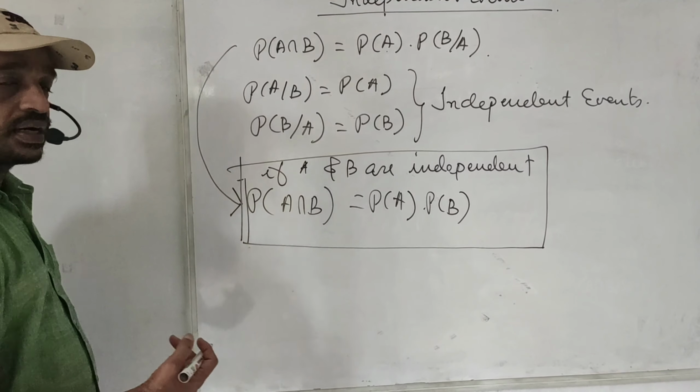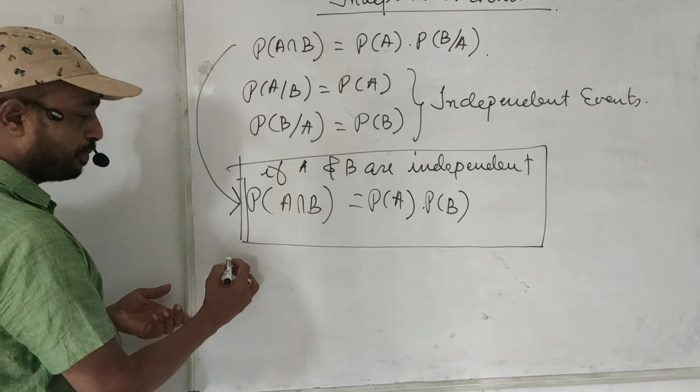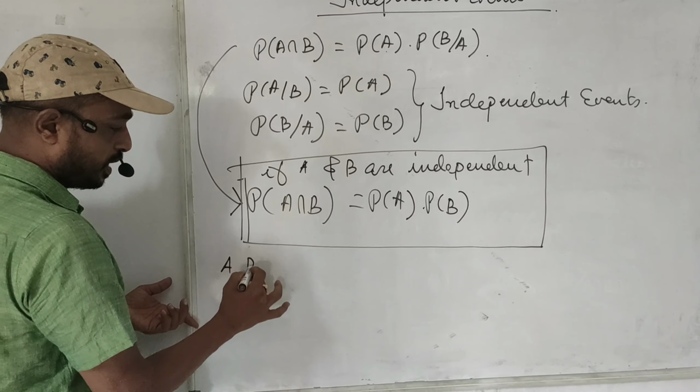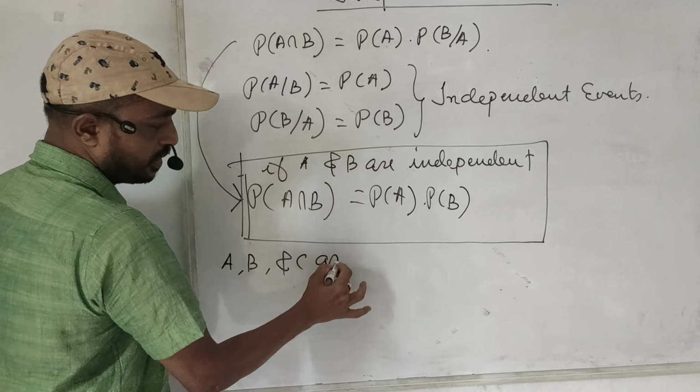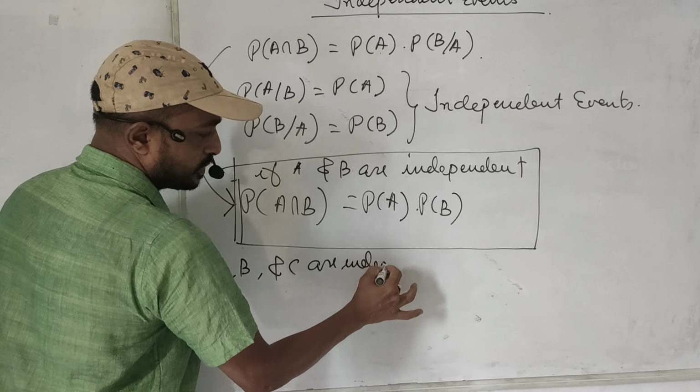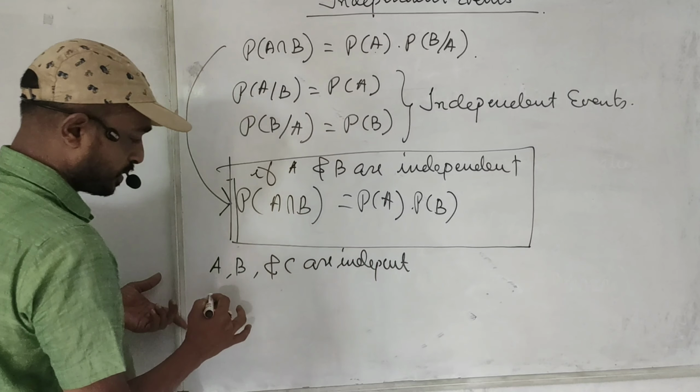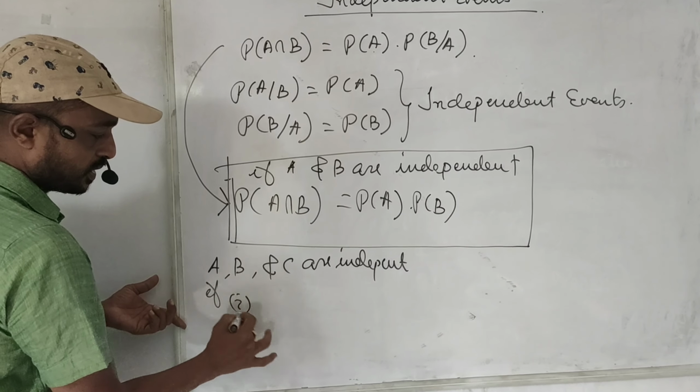Now let us consider three events A, B and C. A, B and C are independent if, what are the conditions?